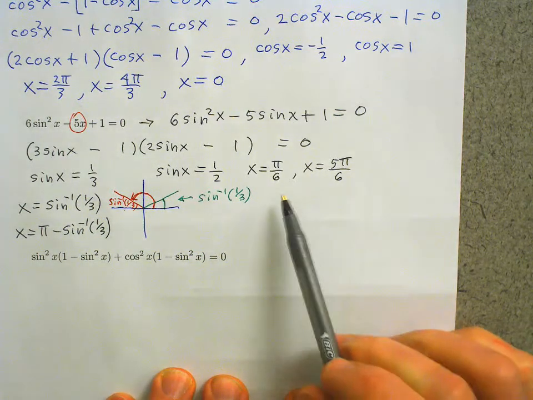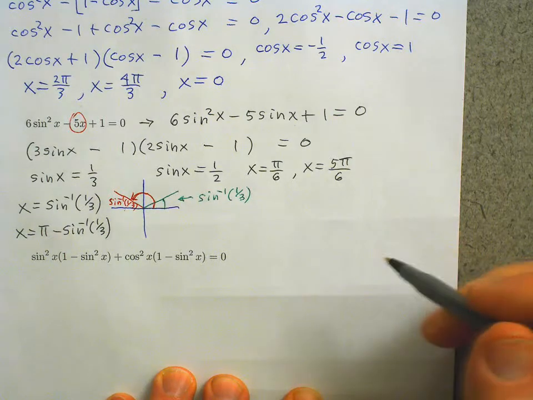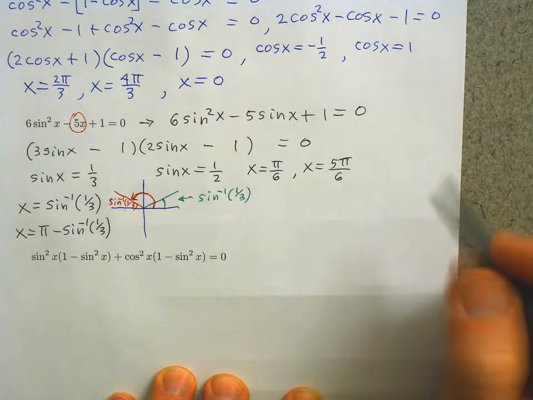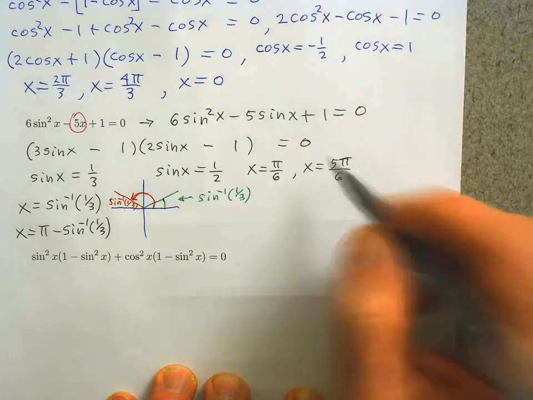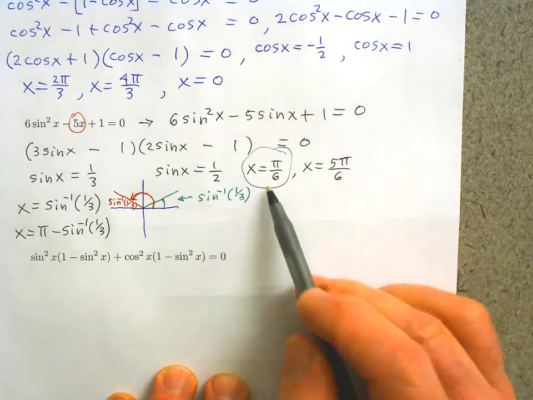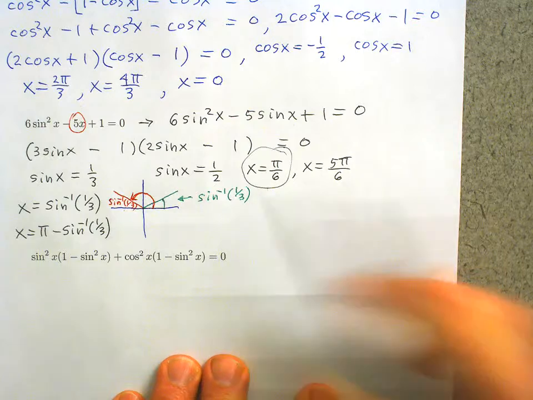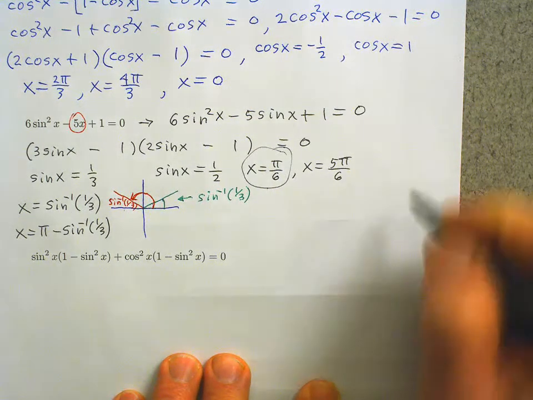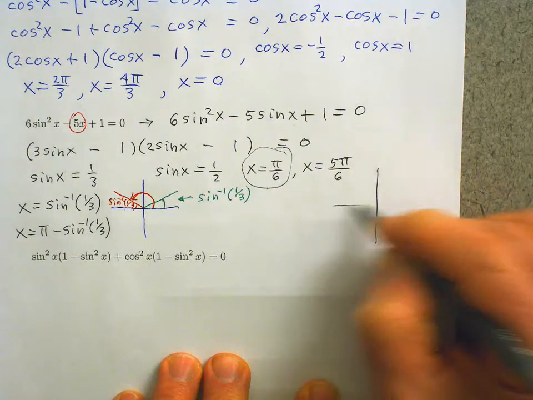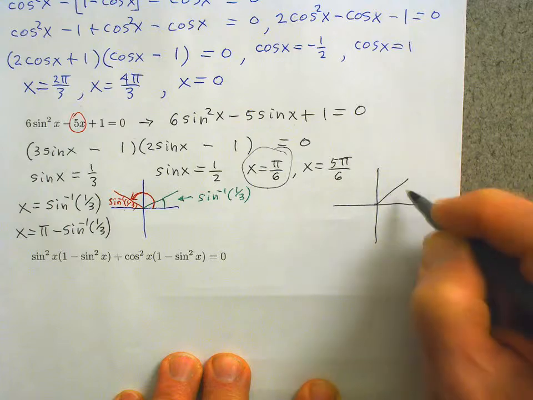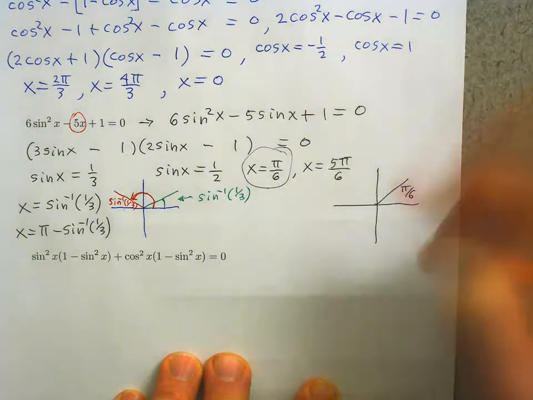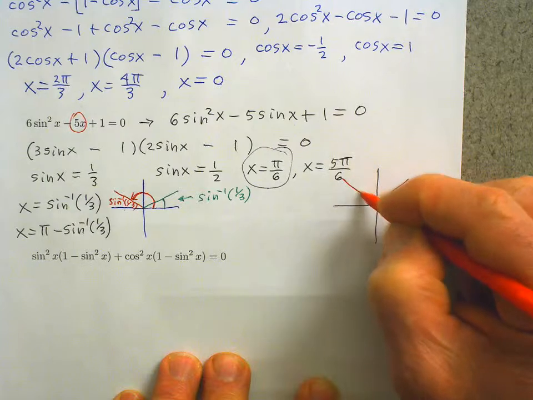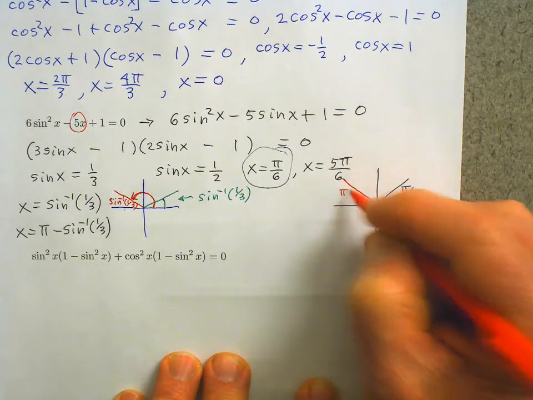The same logic applies if we focused on the solution x equals pi over 6. So let's just draw that x equals pi over 6. And then over in the second quadrant, we have a reference angle of the same size, pi over 6.